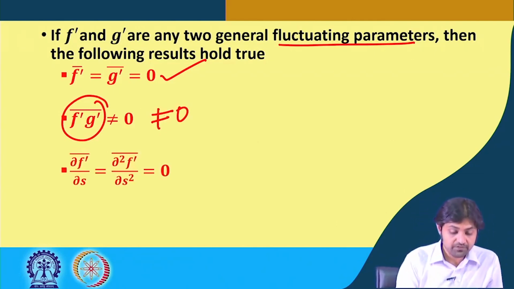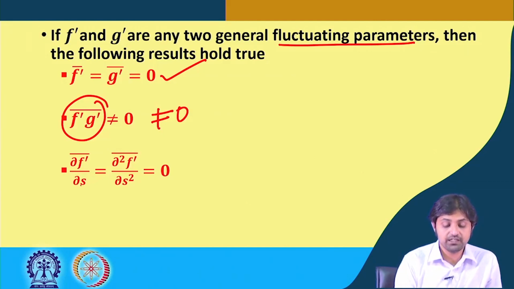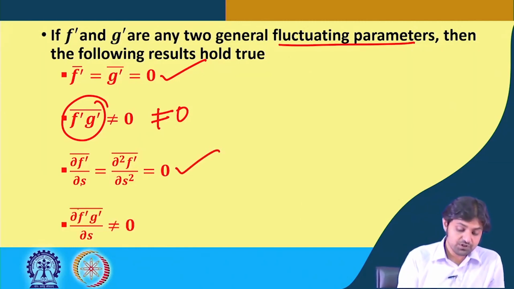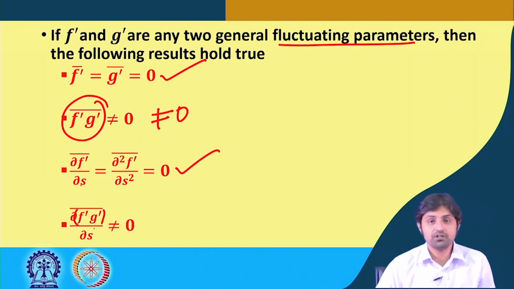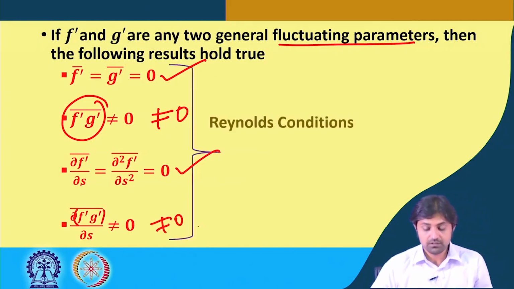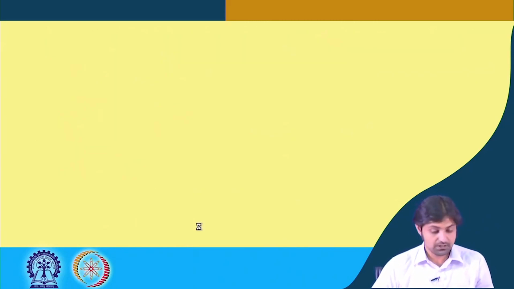Also, if we differentiate a fluctuating component, or double differentiate it, and take the average, this will be 0. And if we take the differential of the multiplication of these two quantities, then it will never be equal to 0. These are the Reynolds conditions.